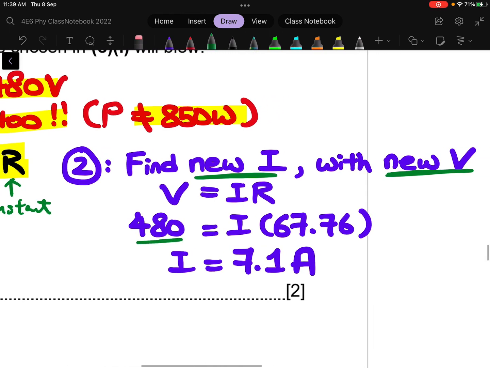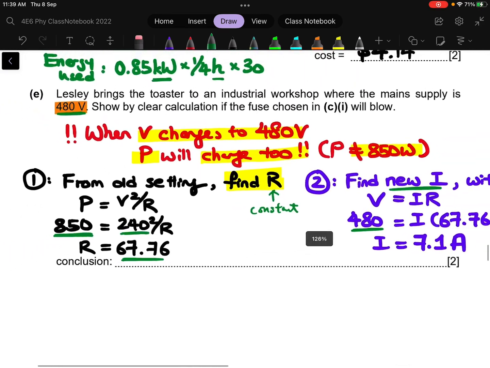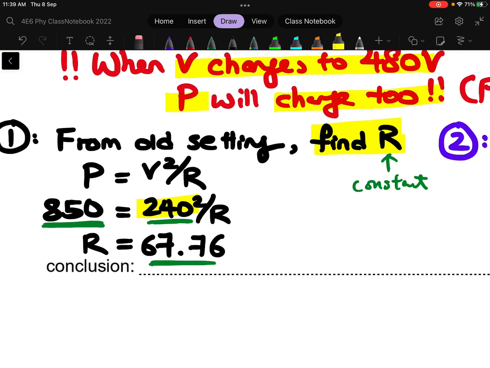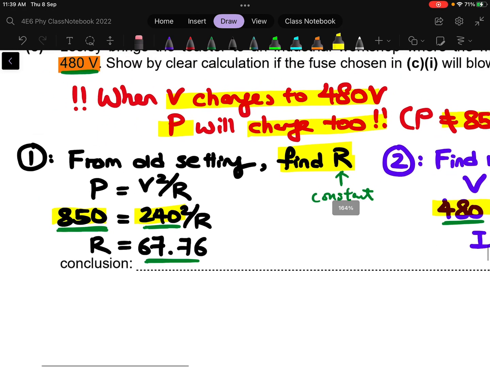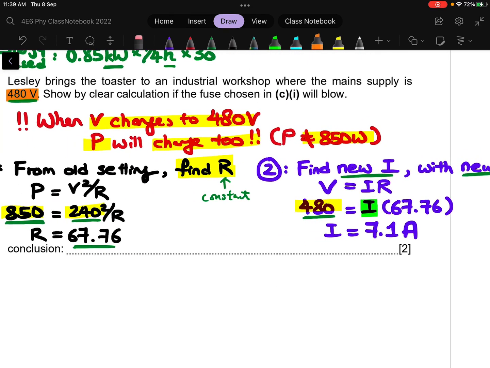So use your V equals IR. This is the new input voltage 480. You can see that they are different over here. Look at this value and this value, right? The old voltage is 240 and you will get an old power 850. With the new voltage of 480, you would expect your current to be different.